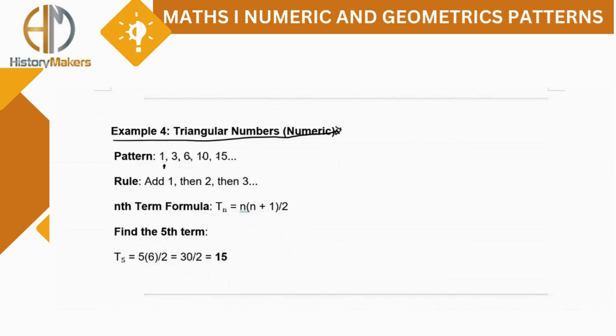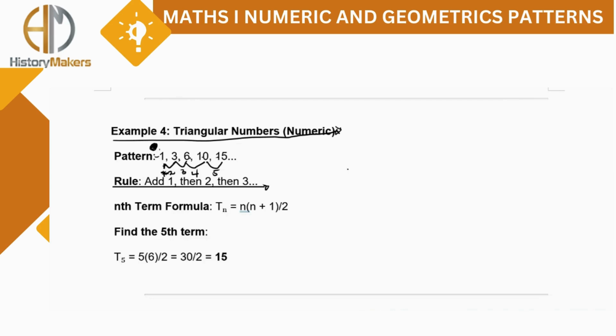We look for consistency, and if you check, they added 1, and then they added 2, and then they added 3, they added 4, they added 5. So we can say that they added 1, then 2, then 3, then 4, then 5.